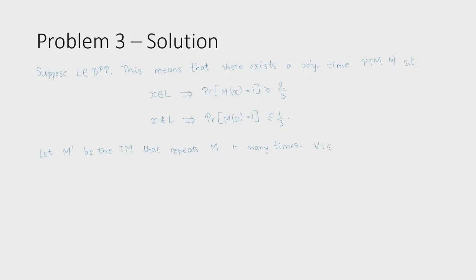For all i in t, let Xi be the random variable that is 1 if M(x) is equal to 1 in the ith iteration, or in the ith repetition, and 0 if M(x) is equal to 0 in the ith iteration.